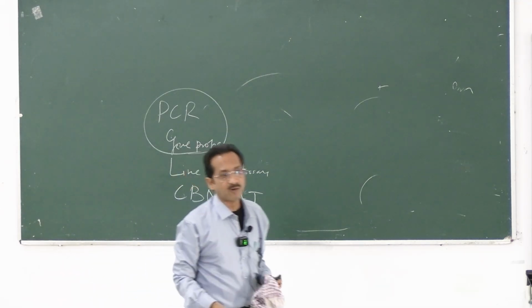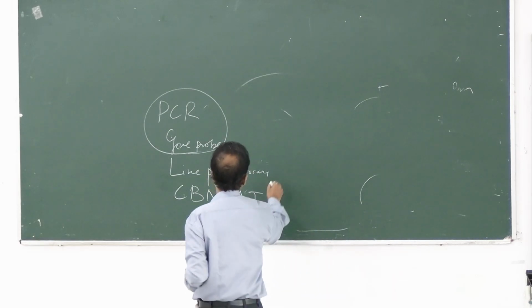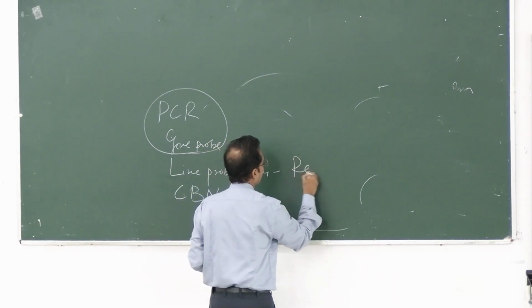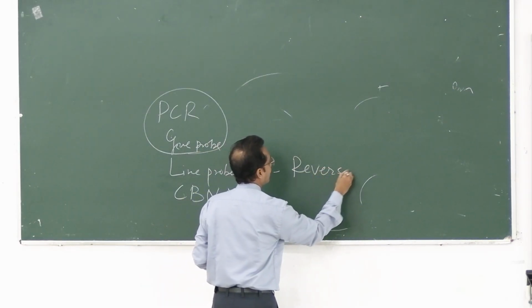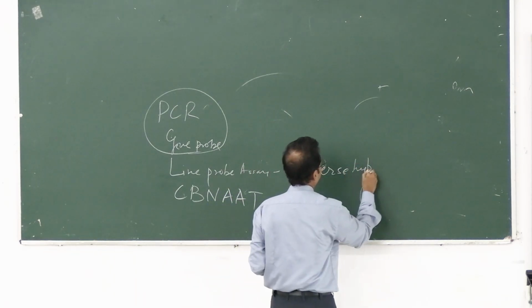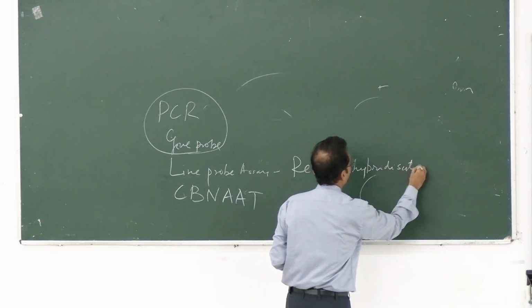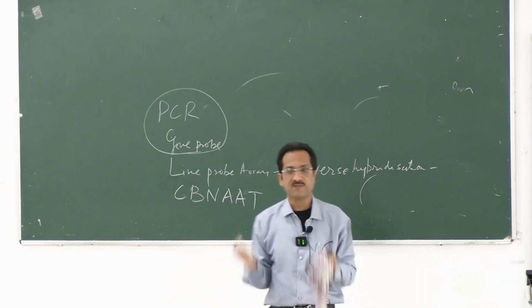Line probe assay, what is the utility of line probe assay? This is a reverse hybridization. Know a little about it; a short note can come about line probe assay. It is used for drug sensitivity of first line and second line drugs.